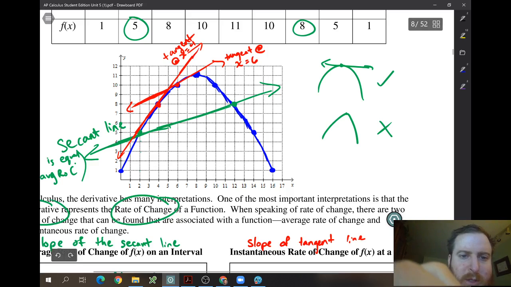So which one of these two slopes is greater will be based on which slope is steeper, right?